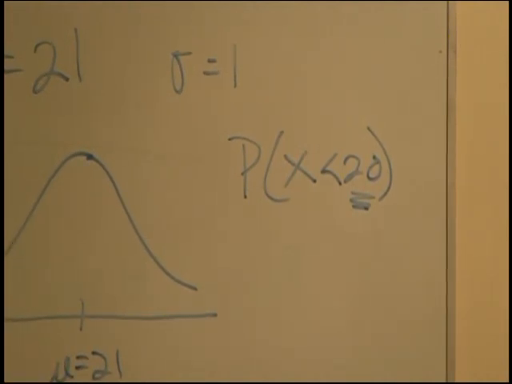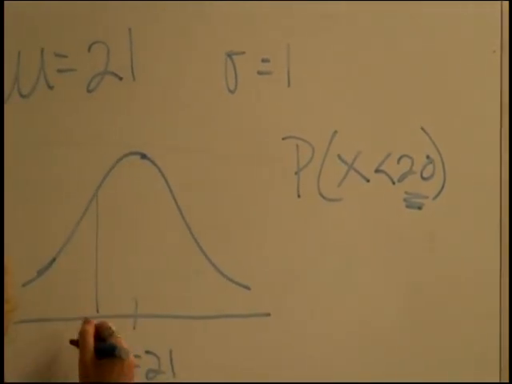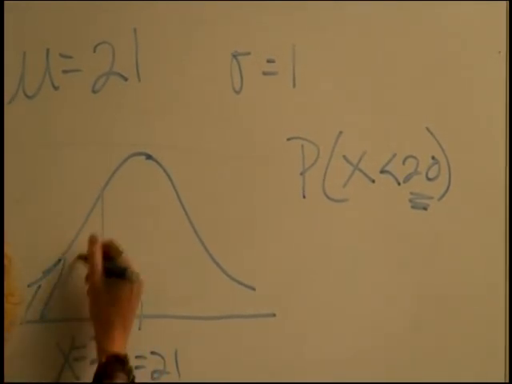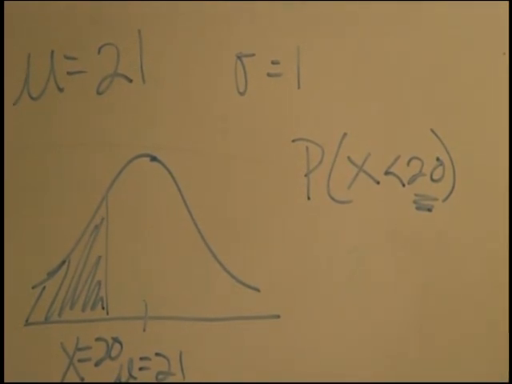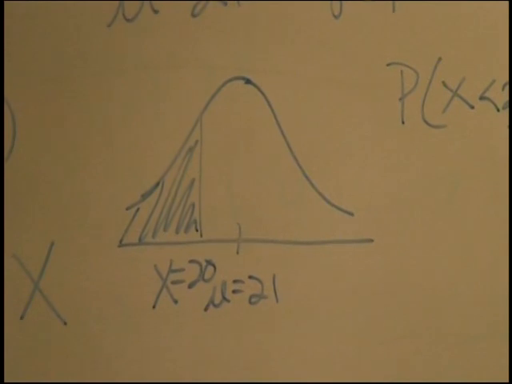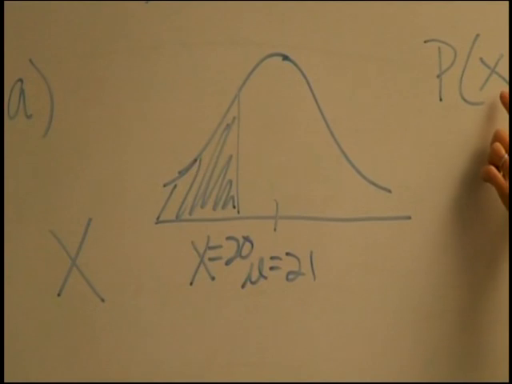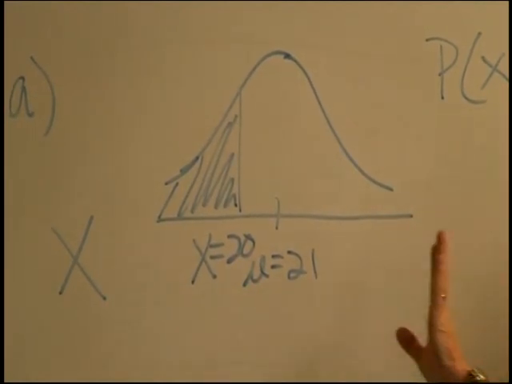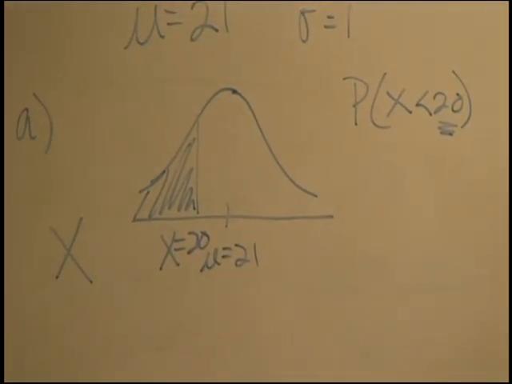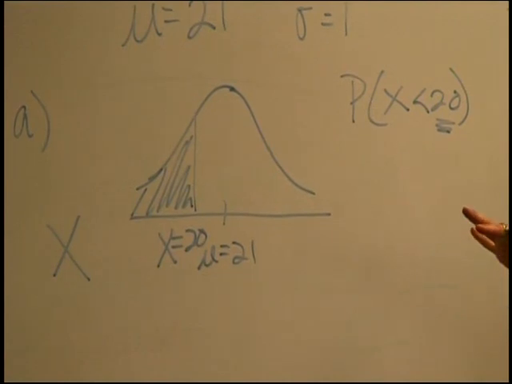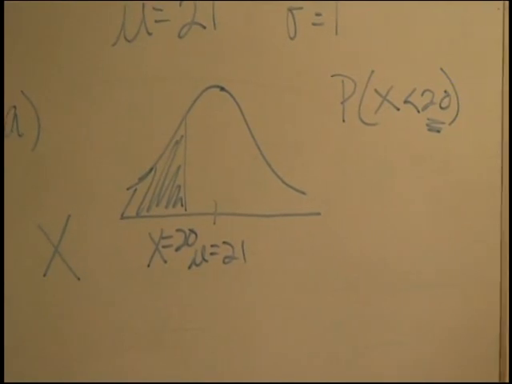As long as your cutoff values are in correct proximity to the mean and to each other, you'll be fine. We know that 20 is less than the mean, and the probability that the hatching time is less than 20 days would be represented by the area to the left of that cutoff value. Less than that way, more than that way, just like a number line.